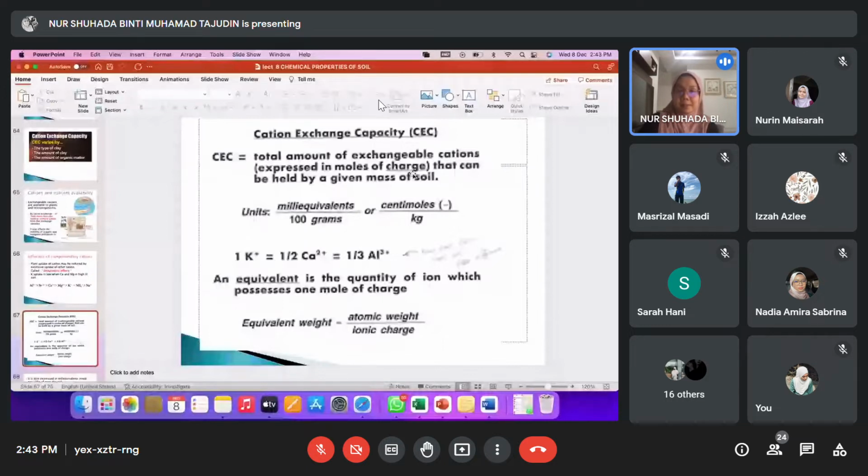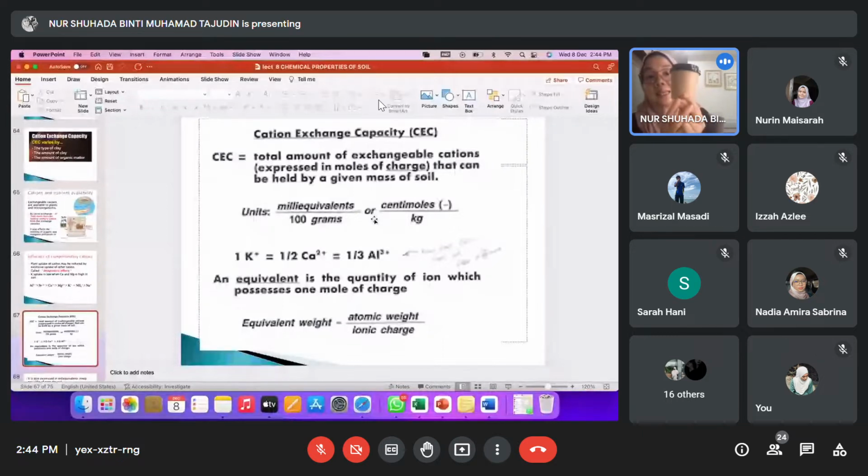For example, this is my cup of soil. In this cup, you have 100 grams of soil. In this 100 grams of soil, how much is the CEC? You have to express that in terms of value.